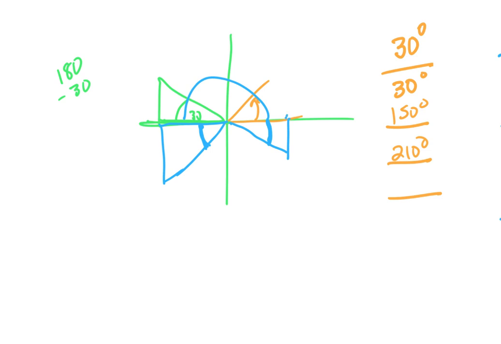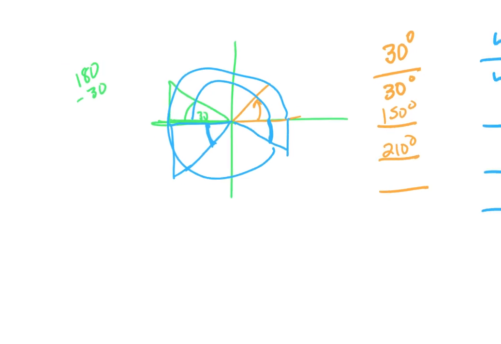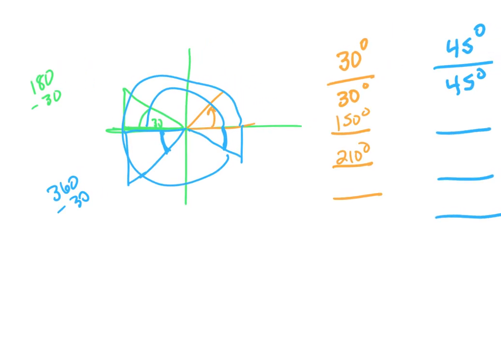So really, what that's saying is that we're going just 30 degrees short of a full 360. So 360 minus 30, and that gives us what? 330. There you go. Guys, those are our 30-degree reference angles.